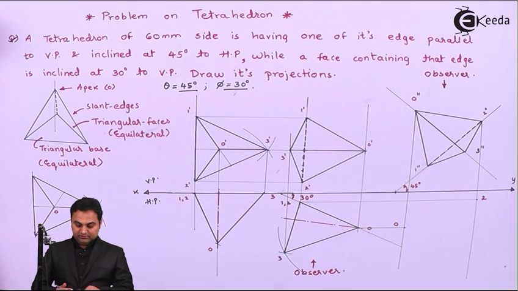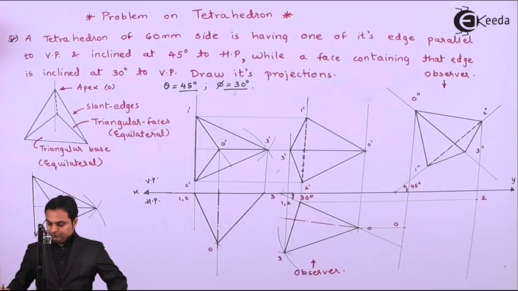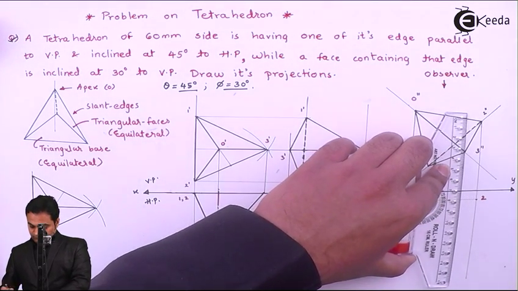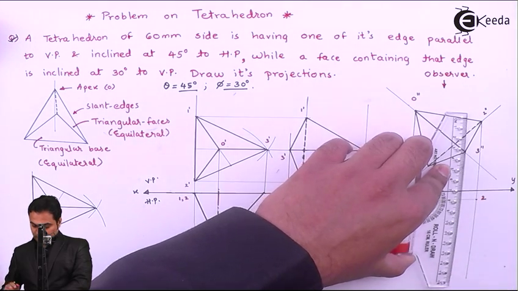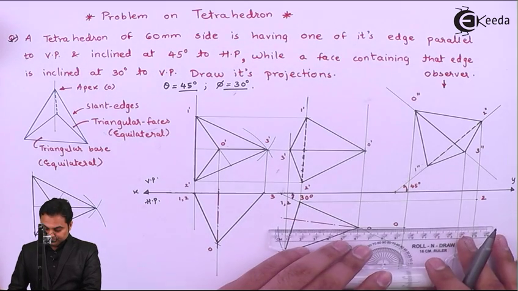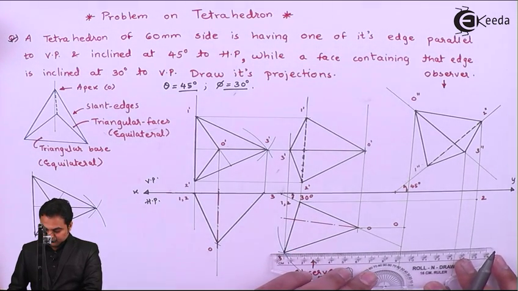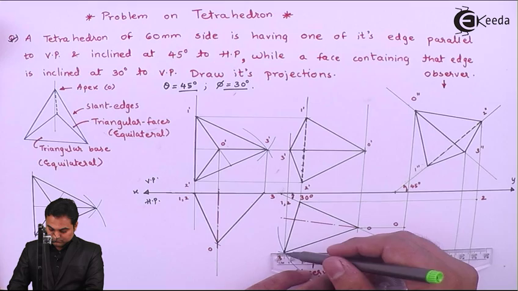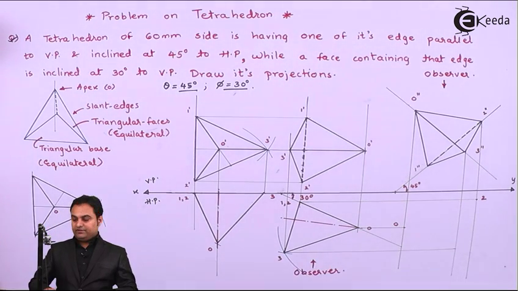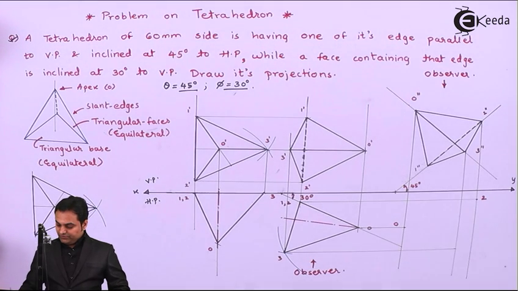Then point 3 double dash, projected light, and here we have point 3 in the top view. Wherever 3 double dash and point 3 intersect, that gives us point 3.